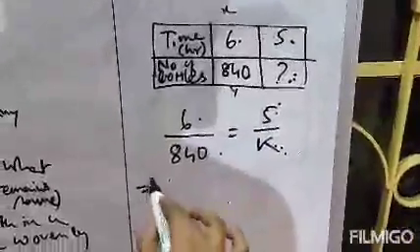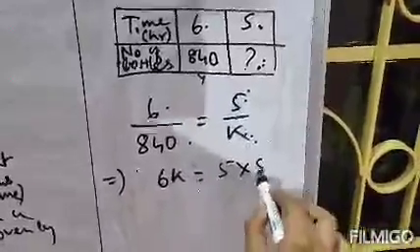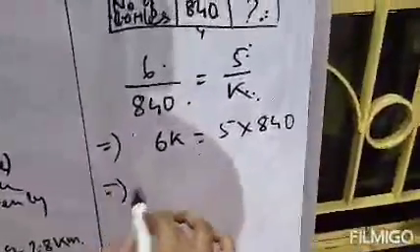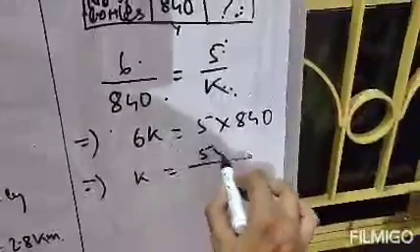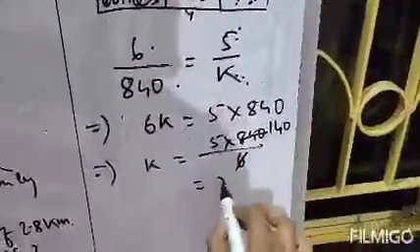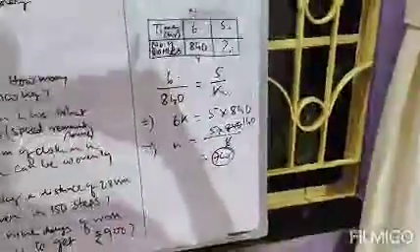Now solve this to get the value of k. Cross multiply: 6k equals 5 into 840, so k equals 5 into 840 divided by 6, that means 700. So the number of bottles in 5 hours will be 700. In this way we will solve these questions.